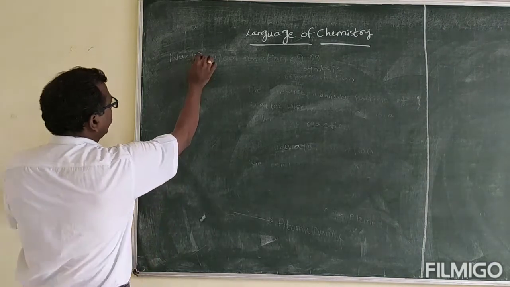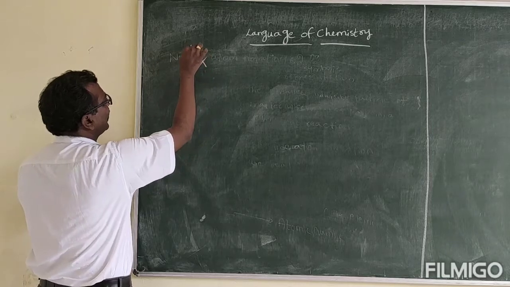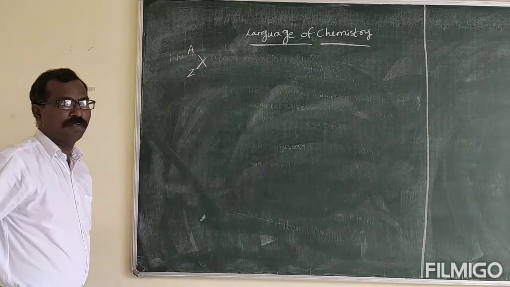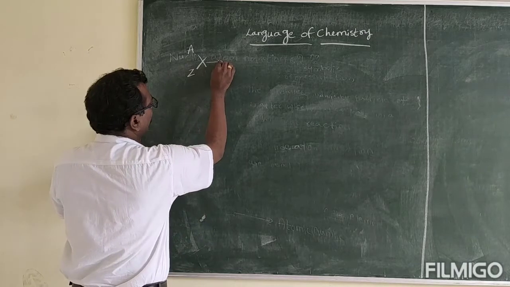So now we have X, A, Z. X is the symbol of the element.